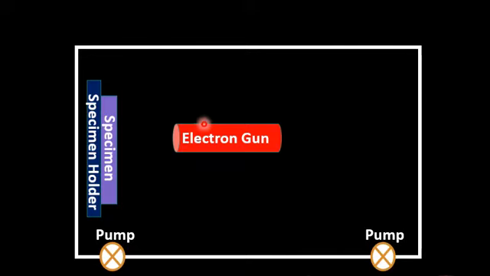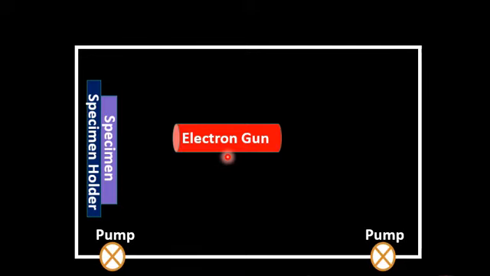Dear student, please note that usually the electron gun used in Auger electron spectroscopy has a filament, which is connected with different types of cathodes.